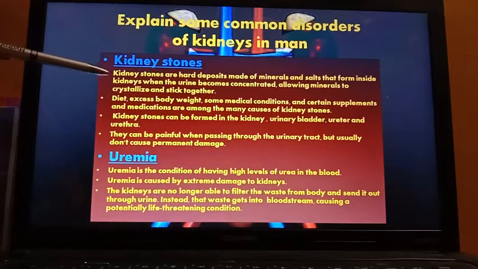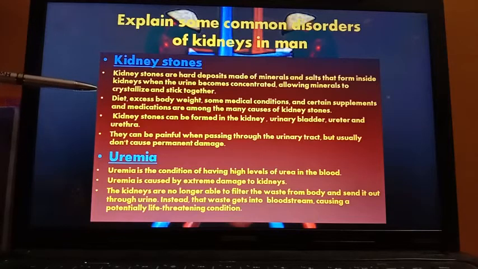Kidney stones are hard deposits made of minerals and salts that form inside kidneys when the urine becomes concentrated, allowing the minerals to crystallize and stick together. Diet, excess body weight, some medical conditions, and certain supplements and medications are among the many causes of kidney stones.